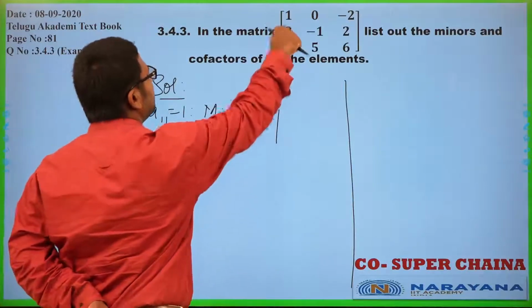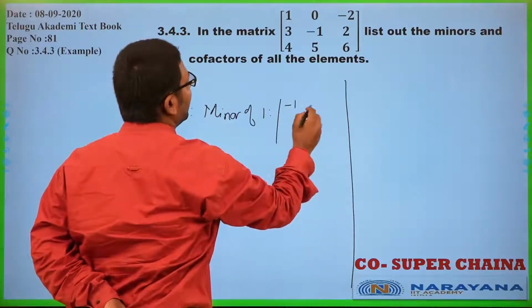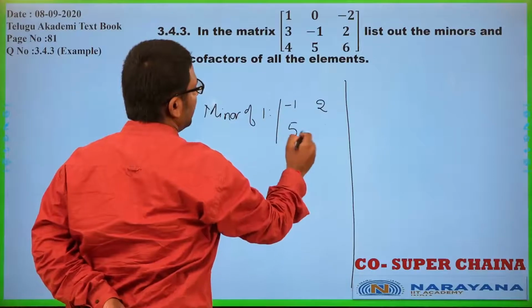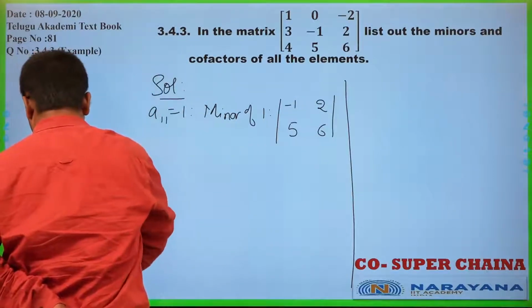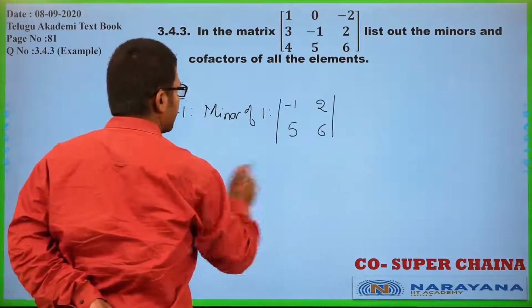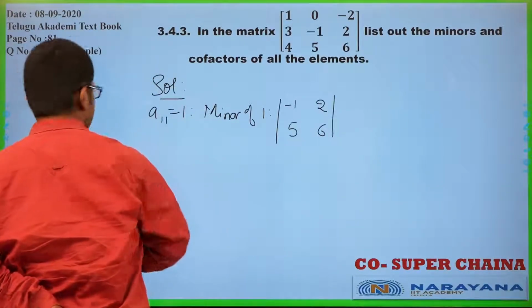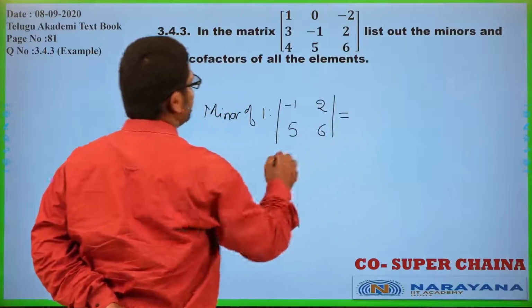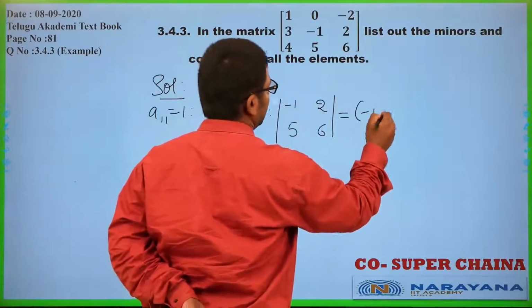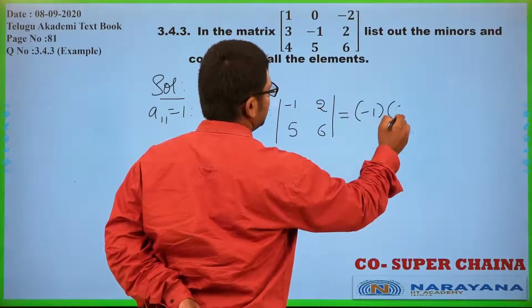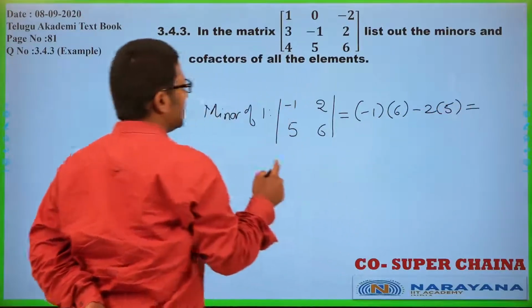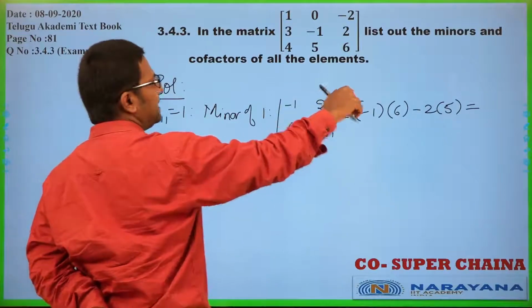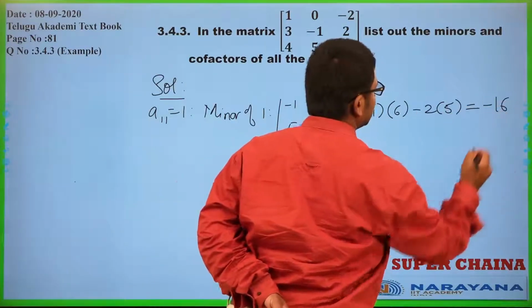You leave the first row, first column, so minus 1, 2, 5, 6, which is minus 1 into 6, minus 2 into 5, which is minus 6, minus 10, minus 16.